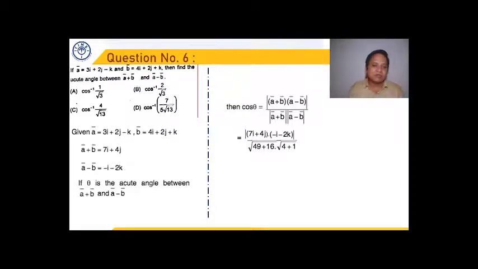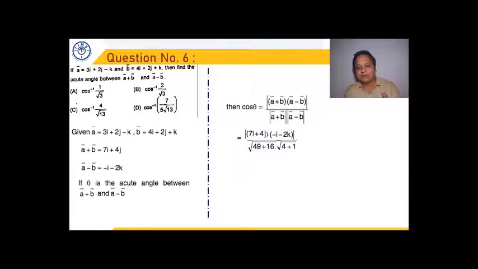So in A plus B we have 7 squared, that is 49, plus 4 squared, that is 16, plus 0 squared, 0, because k is not there in A plus B. Modulus of A minus B is minus 1 squared, that is 1, plus 0 squared because j is not there, plus minus 2 squared, that is 4. 4 plus 1 becomes 5. 49 plus 16 is 65, so under root 65.